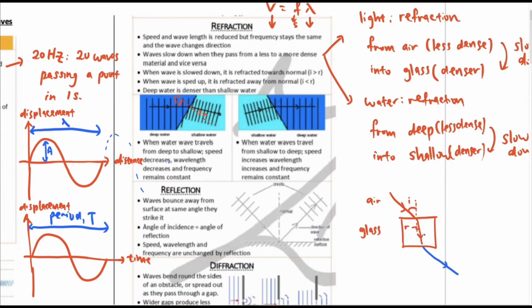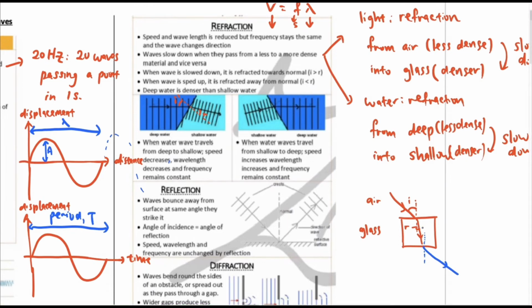Let's say the angle is here. So what happened is the I is now smaller than the R.